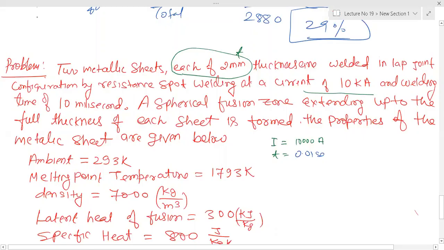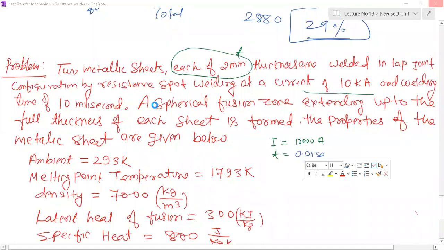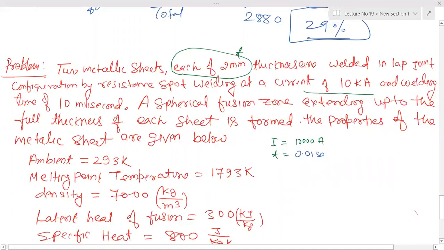So two metallic sheets of each 2 mm thickness are welded in a lap joint configuration by resistance spot welding. A spherical fusion zone extending up to the full thickness of each sheet is formed.